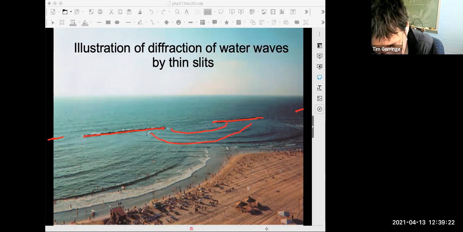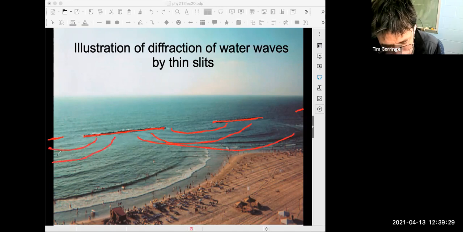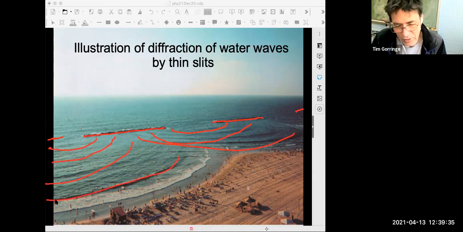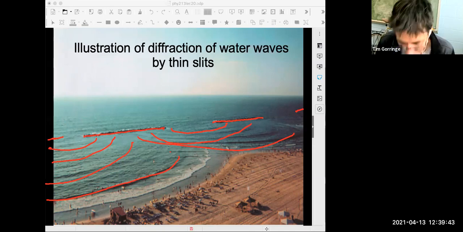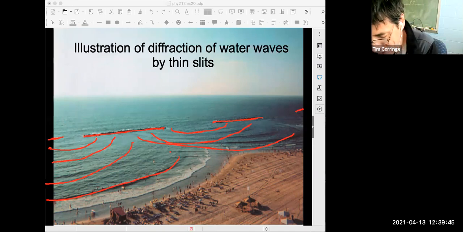I didn't draw it very well there, sorry. And you can see them bending around this slit. They emerge like so. This is an example of diffraction. It was a beautiful picture until I started drawing all over it and really messed it up. But it is an example of diffraction of ocean waves, water waves.